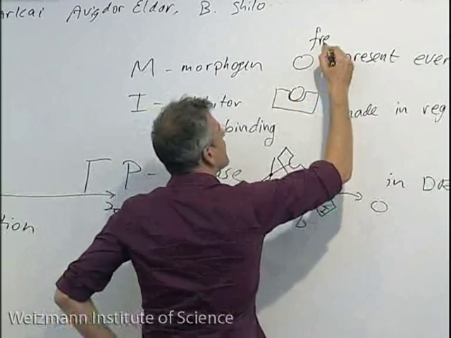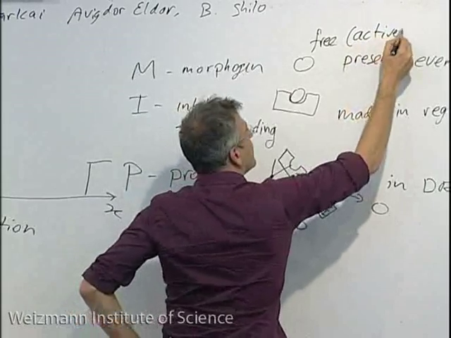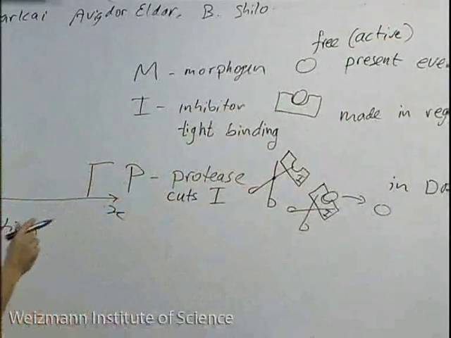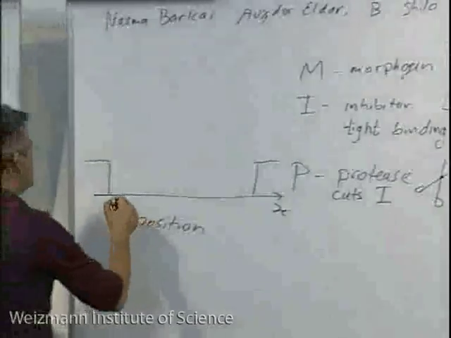The morphogen can be either free, which means it's active, or inhibited.